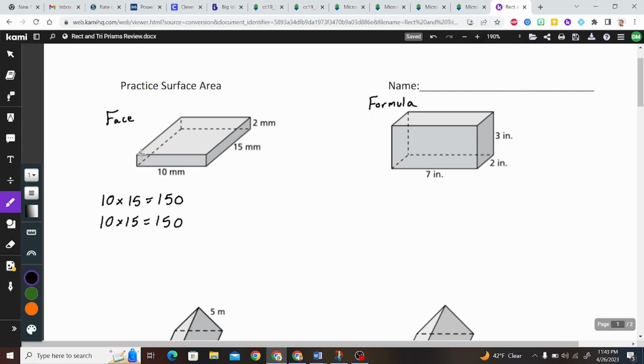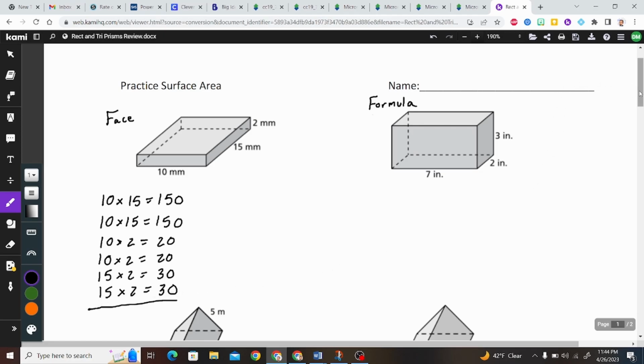Then the front would be 10 by 2, and that's 20. The back would also be 10 by 2, and that's 20. And then the left and right would both be 15 by 2, and that's 30. And 15 by 2, and that's 30.